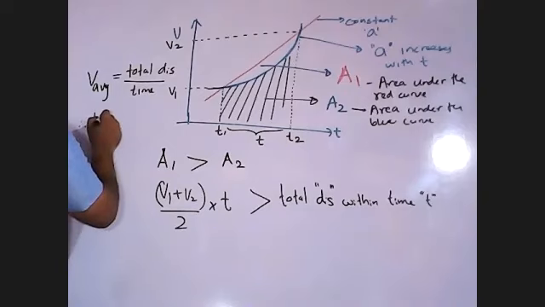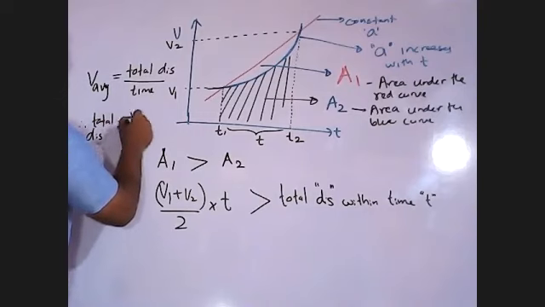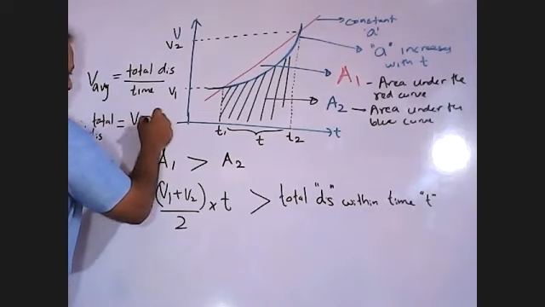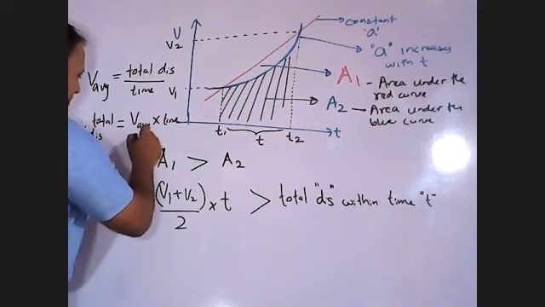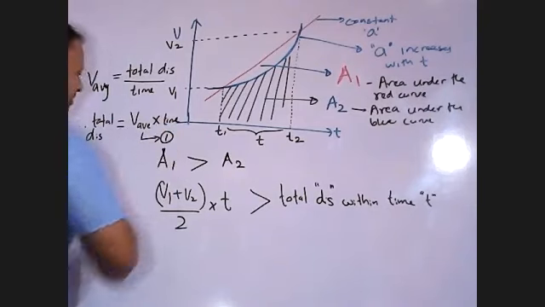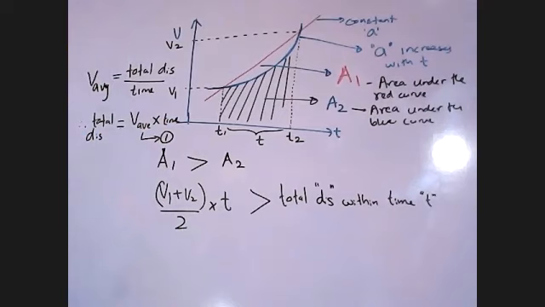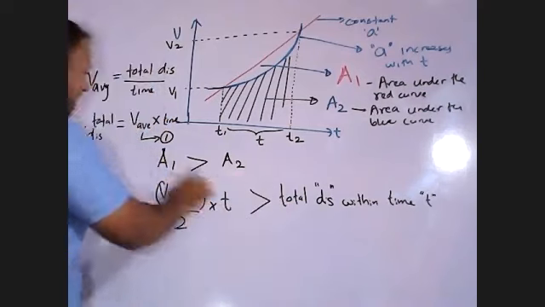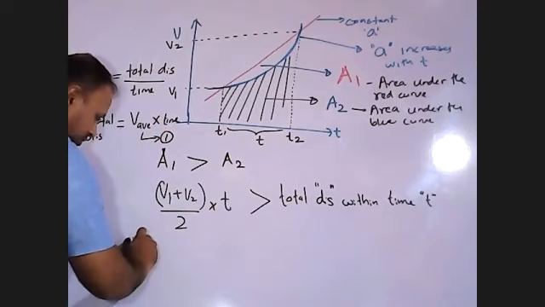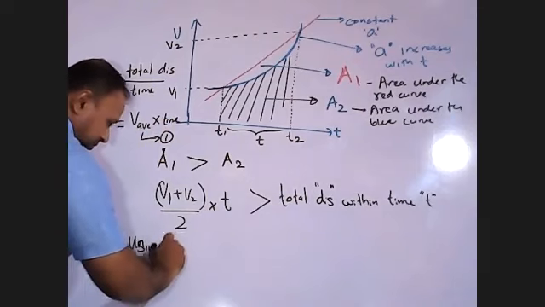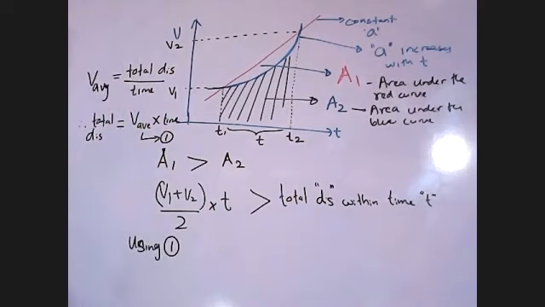Therefore, total displacement should be equal to V average into time. Suppose this one is A. So I can replace total displacement from this one, using equation number one.